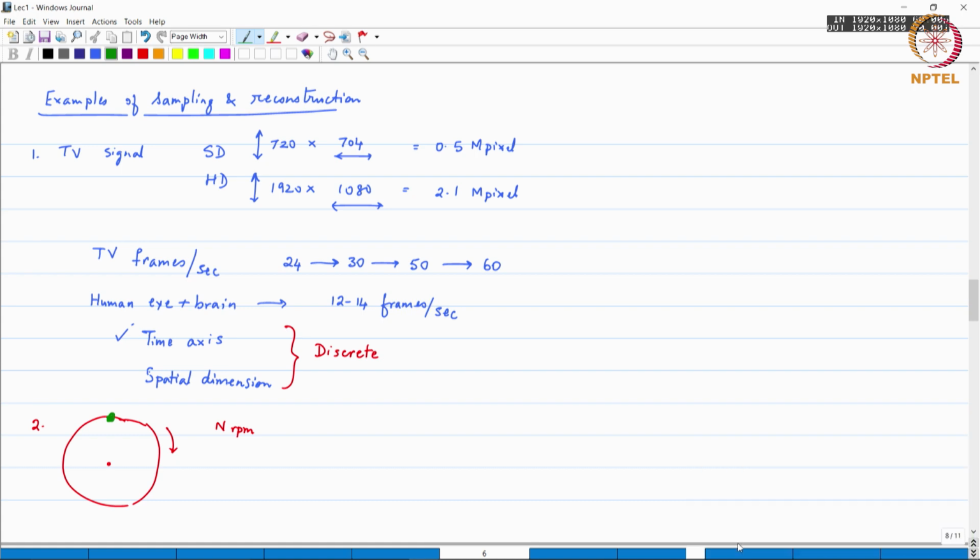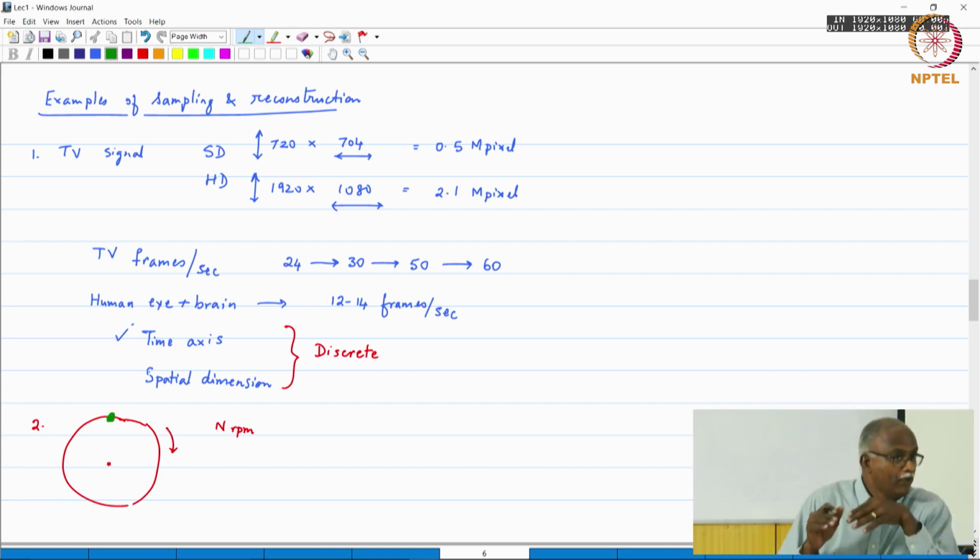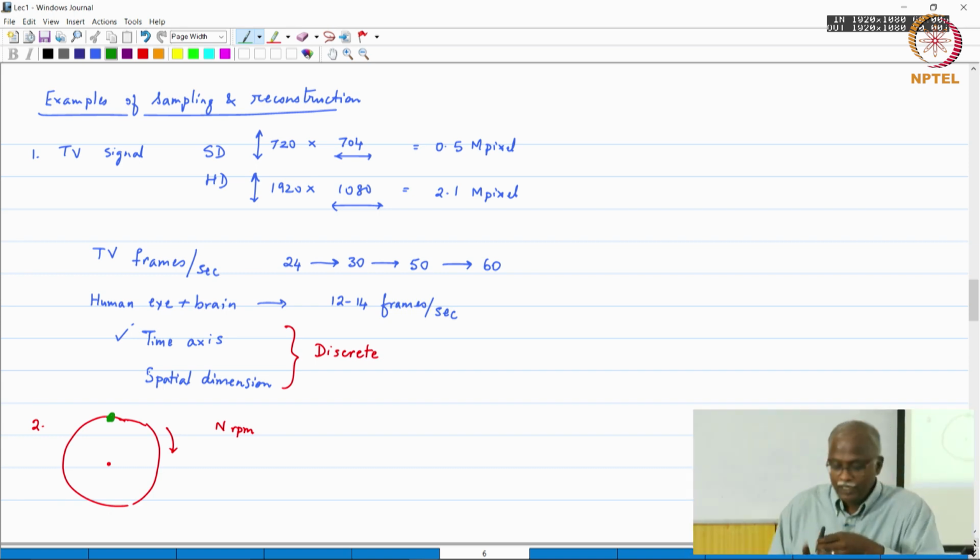Now, basically, this is taking us into artifacts of sampling. So if I'm not careful, I will definitely misinterpret this situation as a case where the wheel is stationary. Okay.